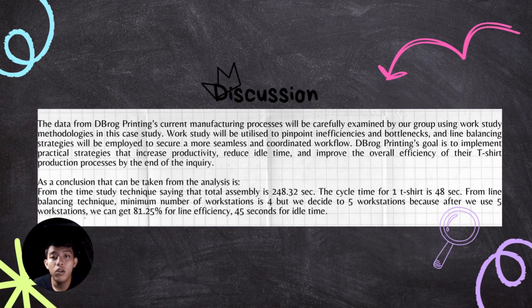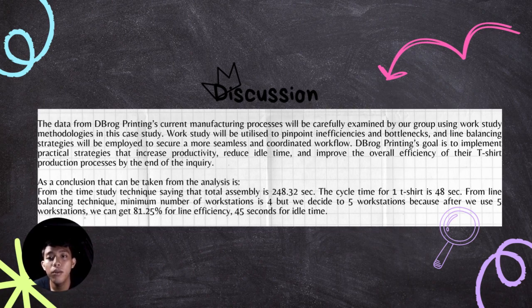Debrog Printing's goal is to implement practical strategies that increase productivity, reduce idle time, and improve the overall efficiency of the t-shirt production process by the end of the inquiry.